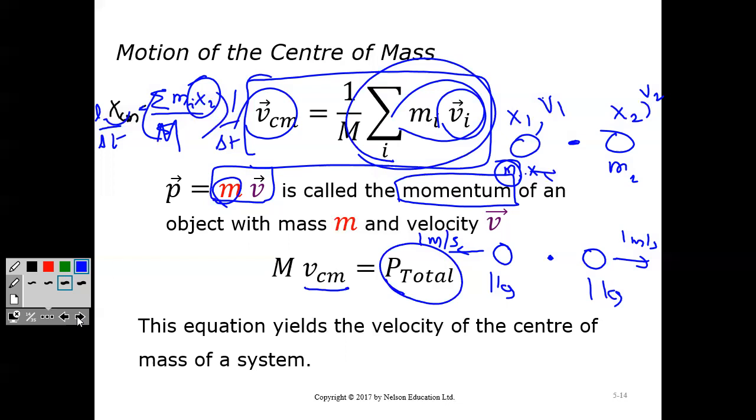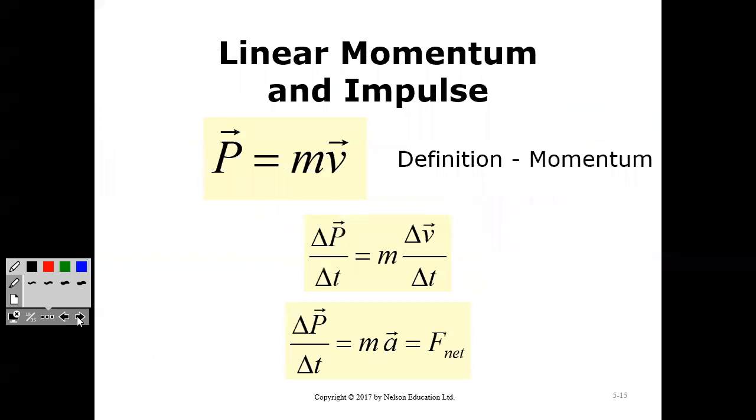In other words, you can say P total is equal to the total mass multiplied by the velocity of the center of mass. So if individual particles have different momentum, the total momentum will be simply the total mass multiplied by the velocity of the center of mass.